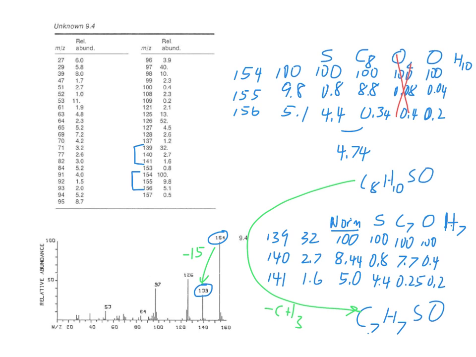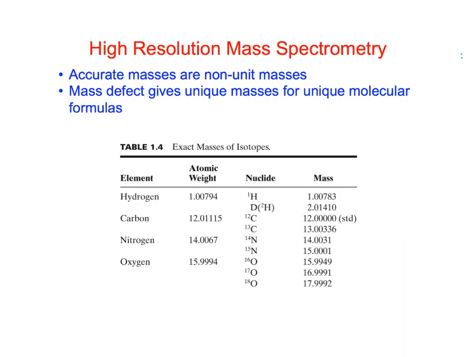All right, so this is kind of a cumbersome way to do this, but I think it's interesting to know how these isotopes work, to come up with these patterns. But in real life, we use what's called high resolution mass spectrometry. What this relies upon is that the masses of the different atoms are not all just unit masses.